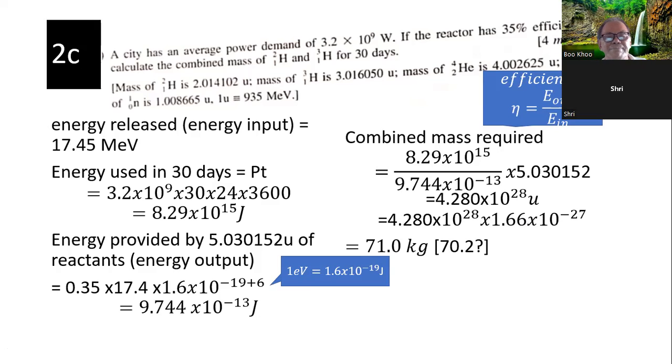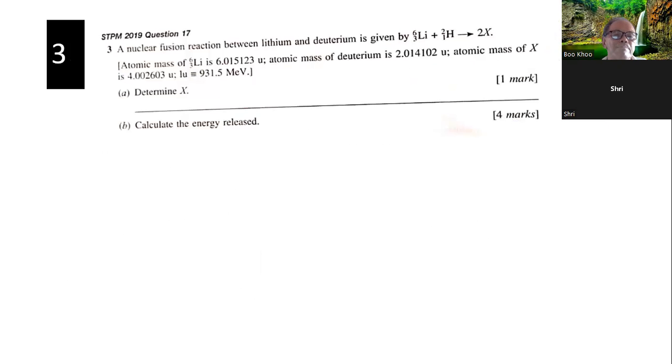Anything not clear? Okay, if you are clear, let's carry on. Nuclear fusion reaction between lithium and deuterium is given by that. Determine X. Okay, you haven't done it, go and do it.